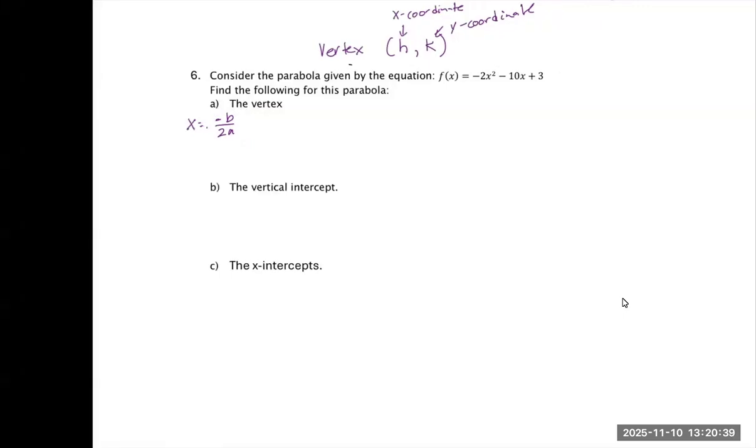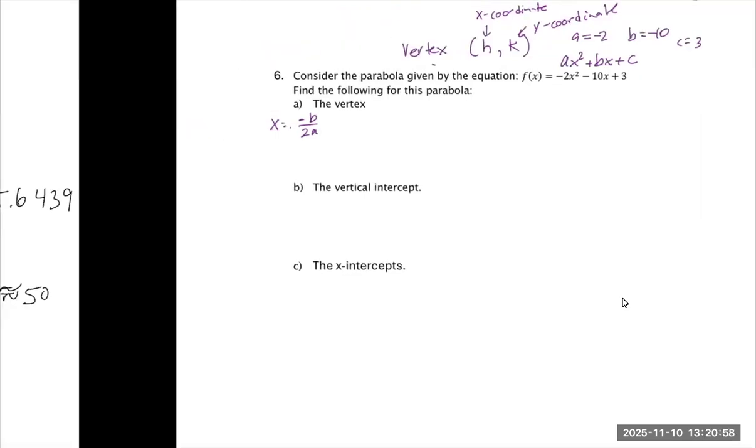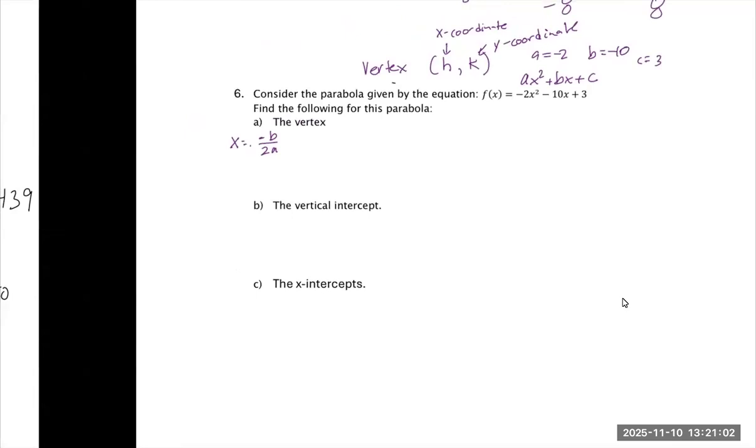So I'm looking at my function, and this is in the format ax squared plus bx plus c. So my a is -2, my b is -10, and my c is 3. So I plug b and a into this formula.